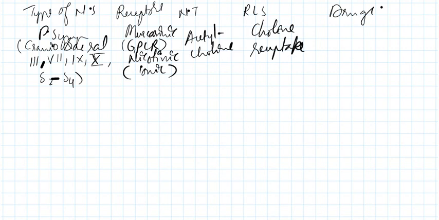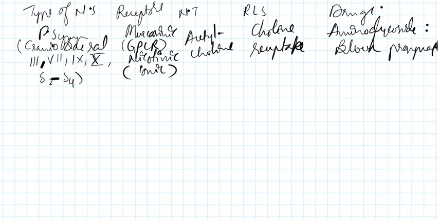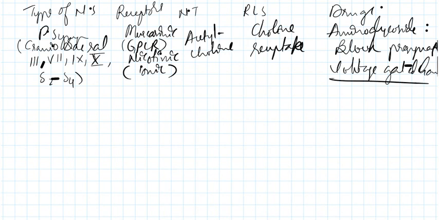Now some of the drugs regarding parasympathetic. Aminoglycosides block presynaptic voltage gated channels.